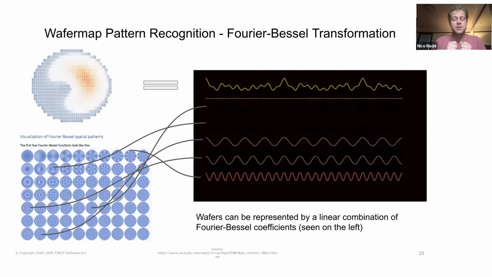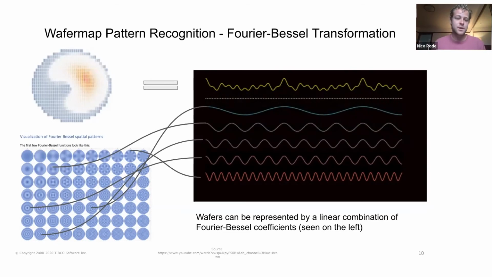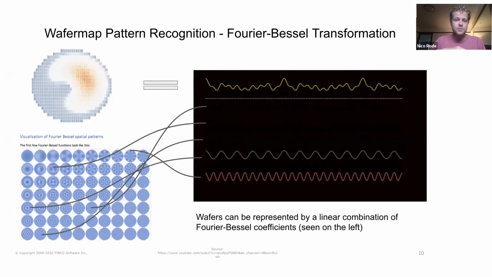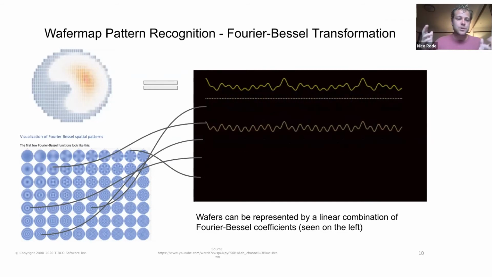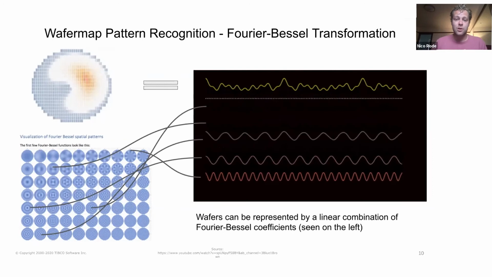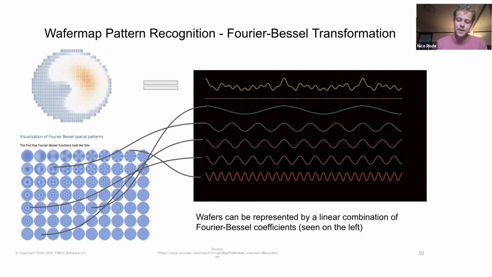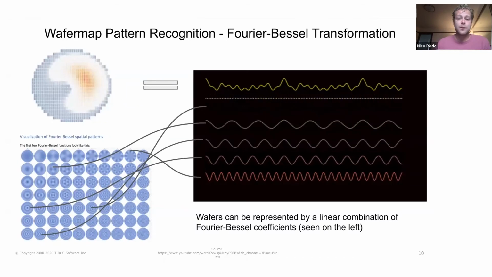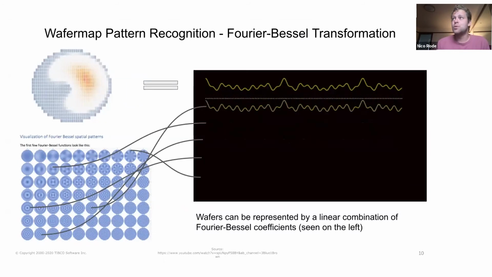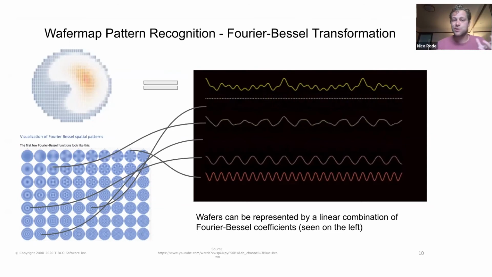And what this does is it just gives you a great way to describe the wafers in a much more defined space, right? So instead of 700 dice, you can describe a wafer in just 100 coefficients, is basically what it is. But where this really helped us is with null values. So we could do this on really dirty data with null values.